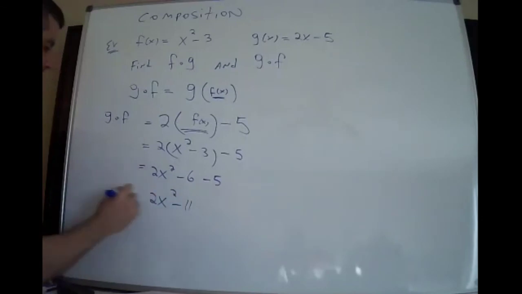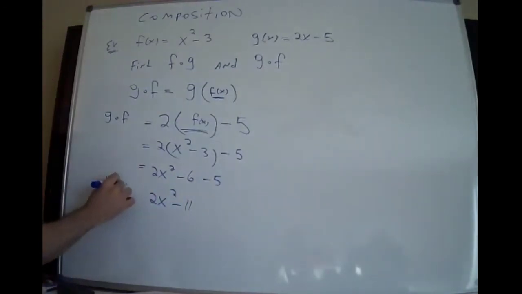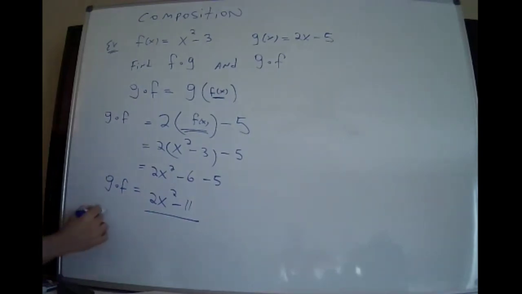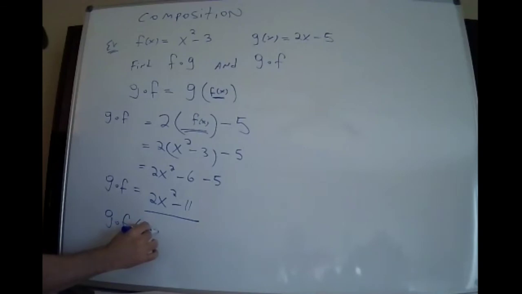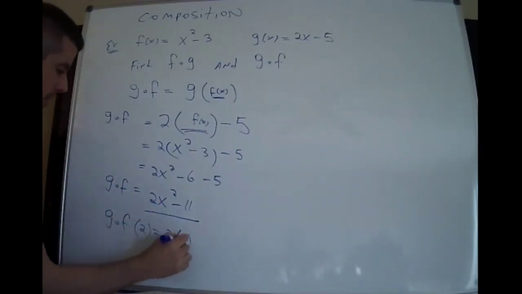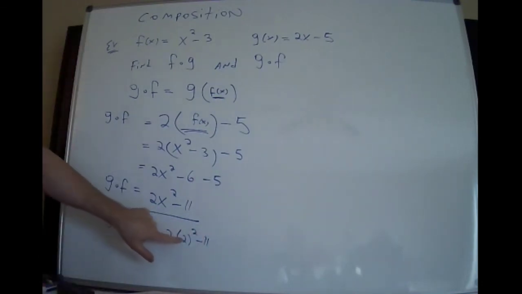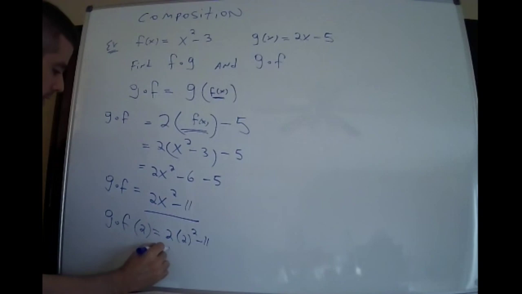Oh, there's nothing to factor here. So this is g o f. This is g composed with f. This is a new function. So if I ask you to do g composed with f of 2, you would just plug 2 in there. I mean, it's still a function. You still plug numbers into it. So let's see, that would be 4. 4 times 2 is 8.